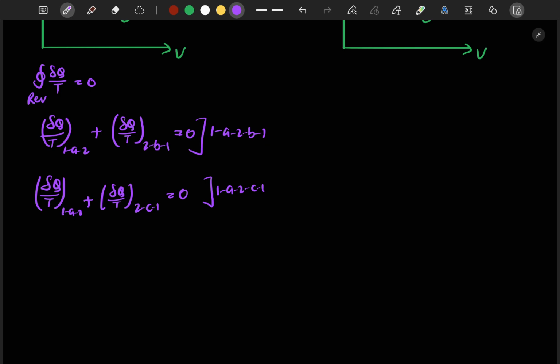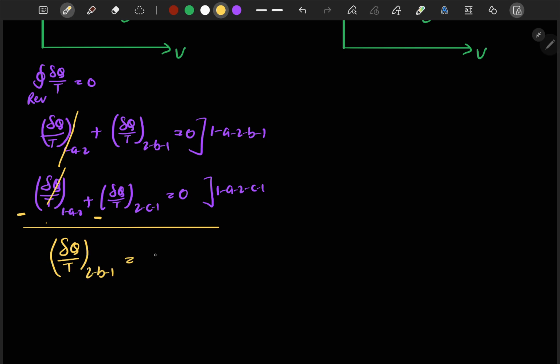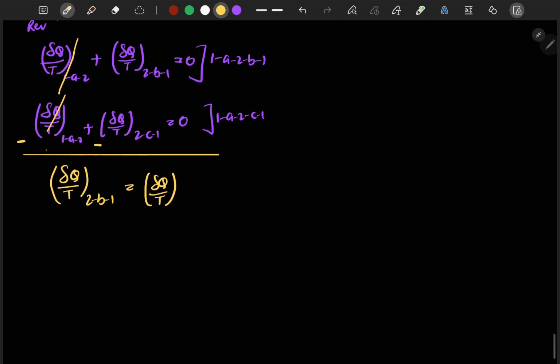Now from these two we can subtract both equations. So on subtracting, these both terms will cancel out. And we will get del q by T from process 2B1 equal to del q by T from process 2C1.